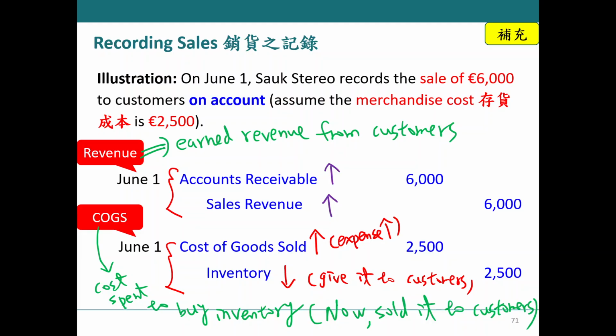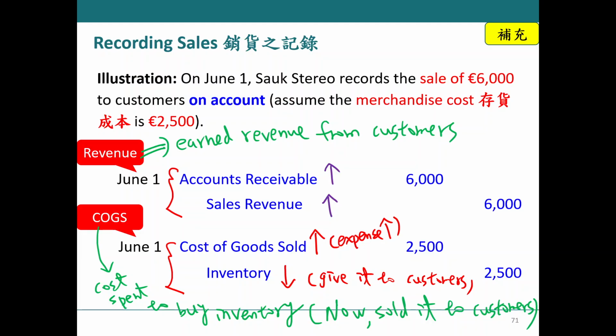What's that? Sales revenue. For the inventory we sold to customers, we earn the revenue $6,000, right? But how much money you spent to buy the inventory before? $2,500. Okay. So did you find out you are the hard workers? You will know the information anytime.